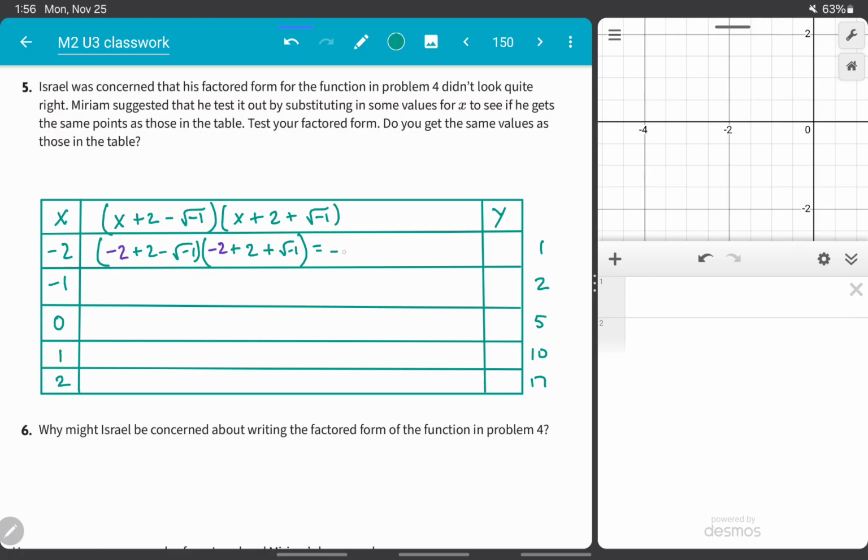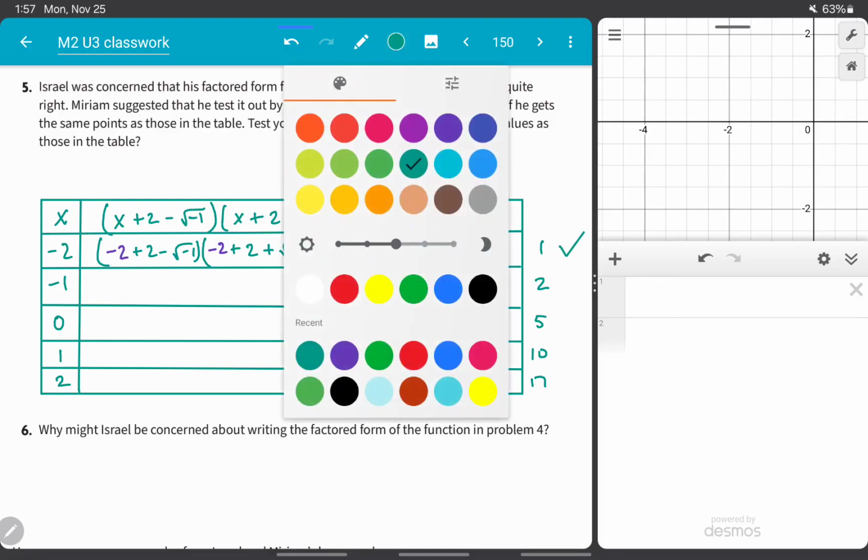So I'm going to have negative square root of -1, and then -2 plus 2 is still 0, and this is plus square root of -1. So that's going to be negative square root of -1 times positive square root of -1. Well, negative times a positive makes a negative, and then square root of -1 times square root of -1 is -1. So it's going to be -1, which is 1. Check.